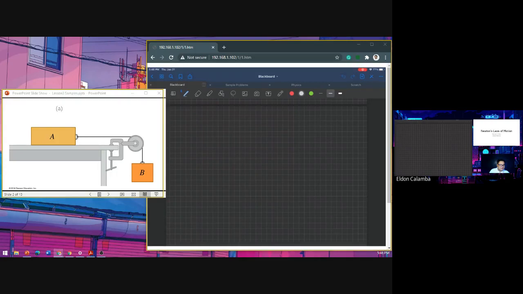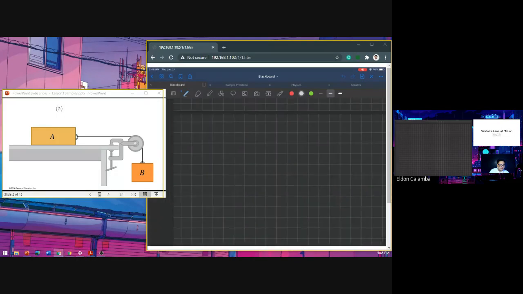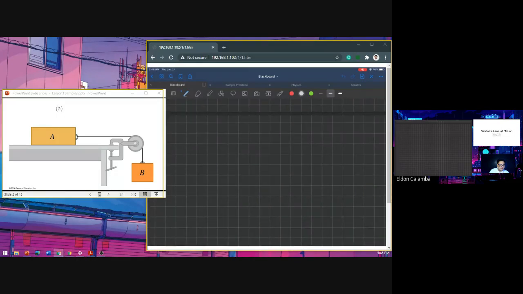Because we will not take account muna ang size ng ating box. We will not account muna the shape of the box. We assume muna that all forces are being applied sa center of mass sa ating box. That's why point particle muna tayo.